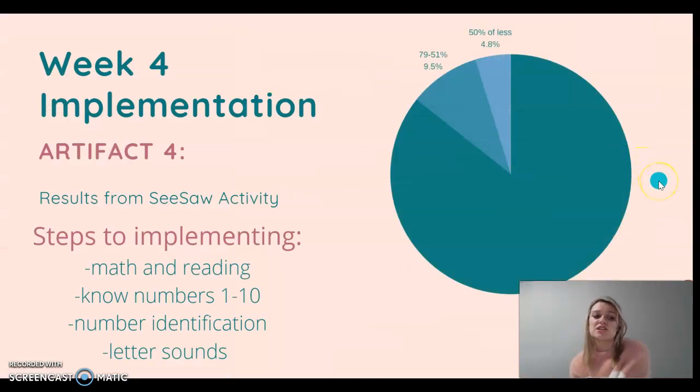In week 4 implementation, my results from Seesaw activities. So in the next couple slides, I'll kind of show you what the activities were, but we implemented this into math and to reading. So you can see on this little chart, 50% or less got that, didn't really get it, kind of need more support than the others, obviously. 79 to 51% was 9.5% of my students.